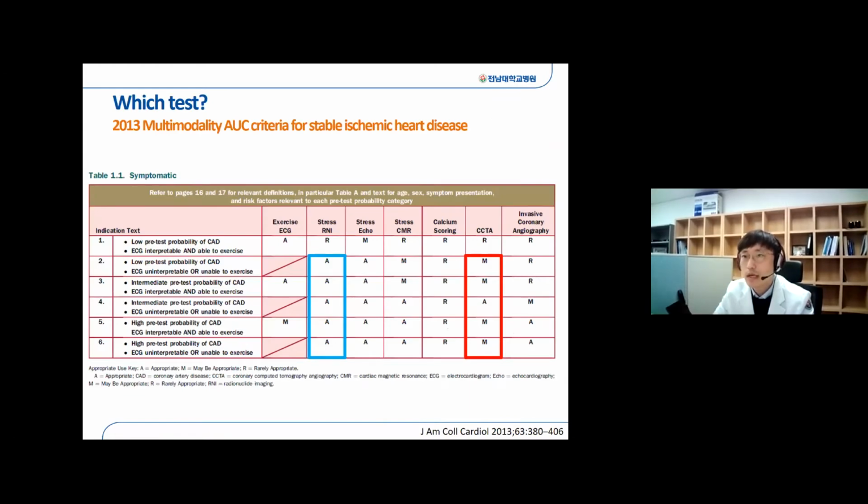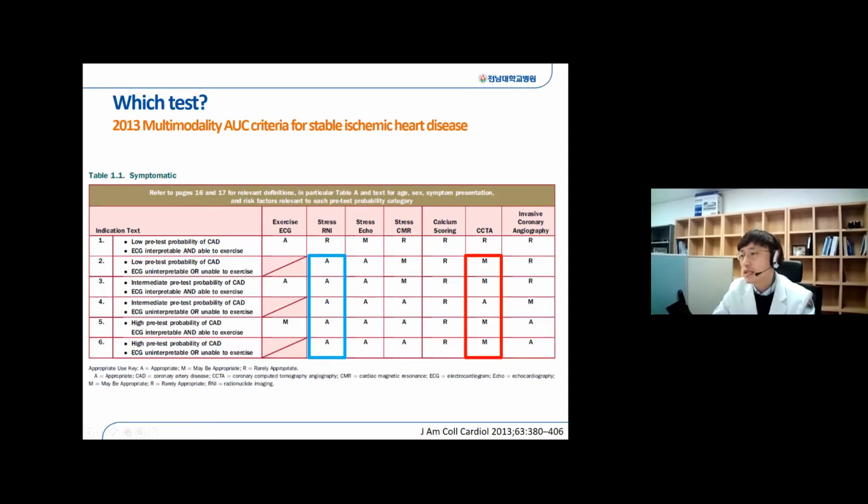So in 2013, which was before those cardiac CTA trials were published, nuclear imaging was almost always appropriate in patients with stable angina, except for the patients with low pretest probability and interpretable ECG, for whom exercise ECG was sufficient.